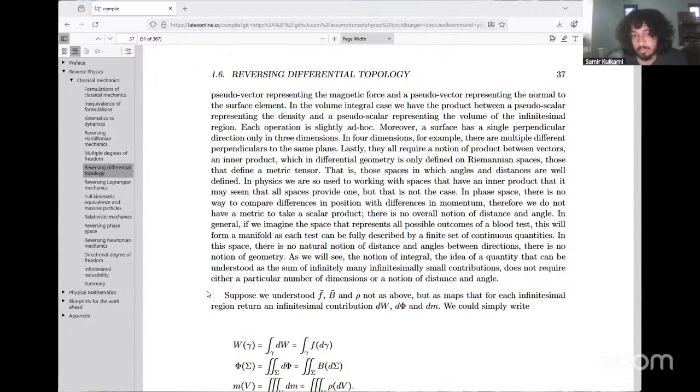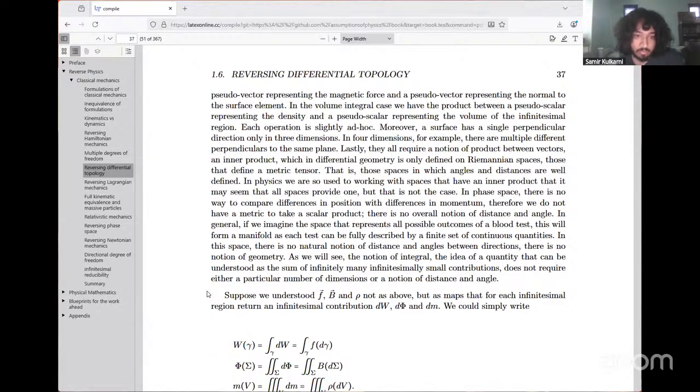In physics, we are so used to working with spaces that have an inner product that it may seem that all spaces provide one, but that is not the case. In phase space, there is no way to compare differences in position with differences in momentum. Therefore, we do not have a metric to take a scalar product. There's no overall notion of distance and angle.